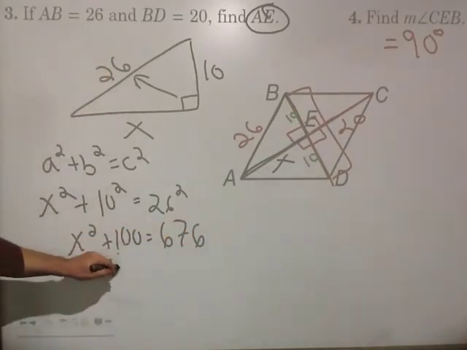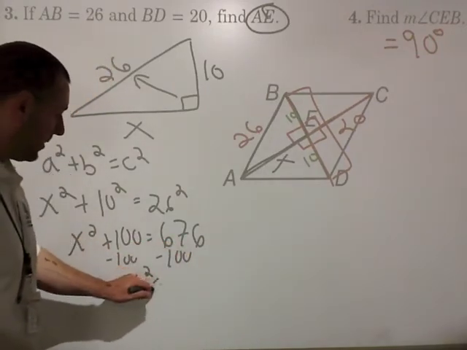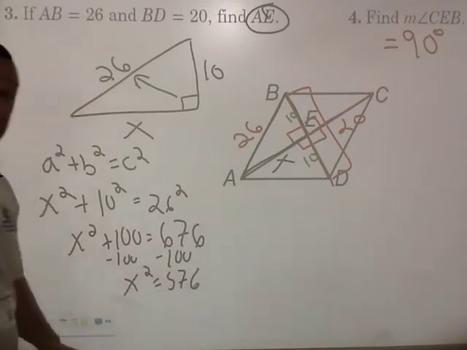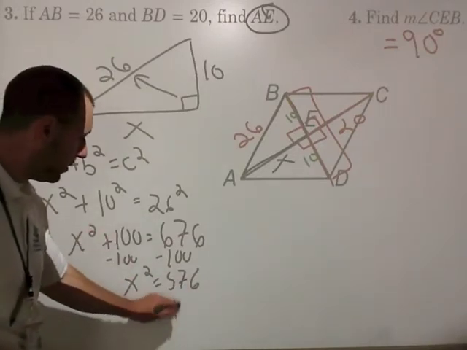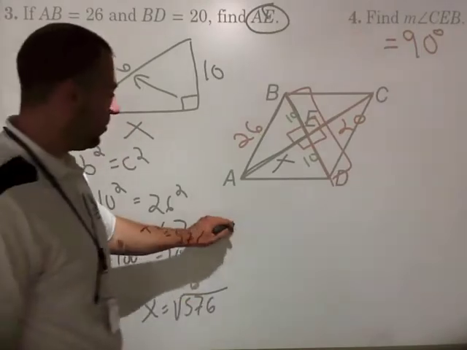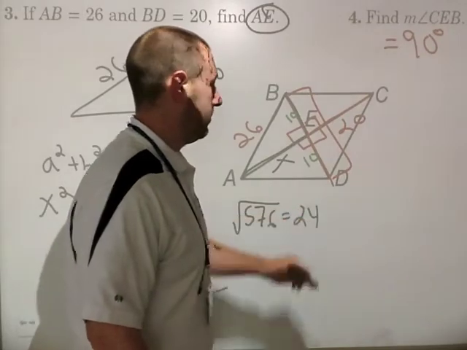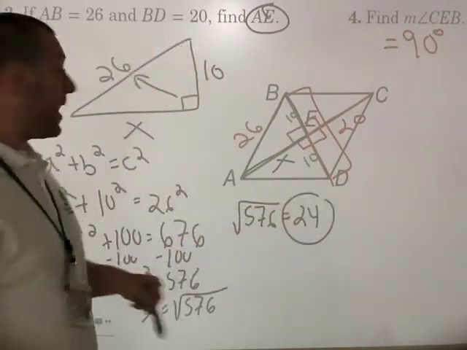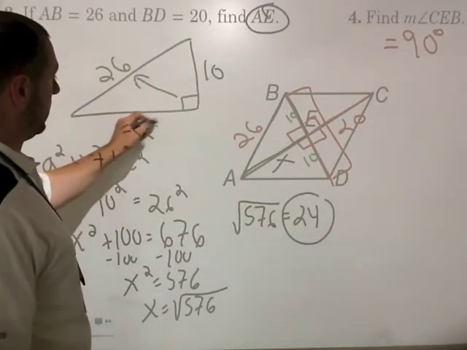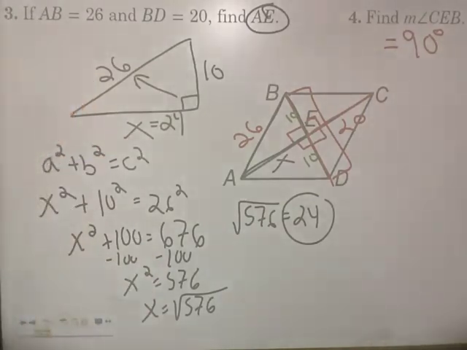I subtract 100 from both sides. I get x squared equals 576. I then take the square root of both sides. And the square root of 576 is 24. So that length right here is 24. And that's what I'm looking for. So you gotta remember the Pythagorean theorem.